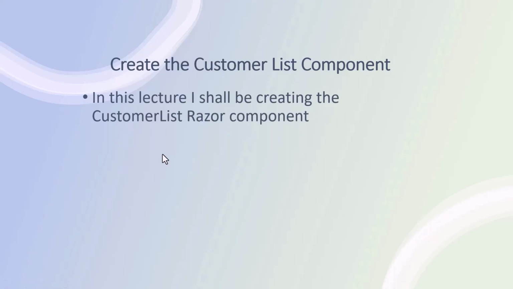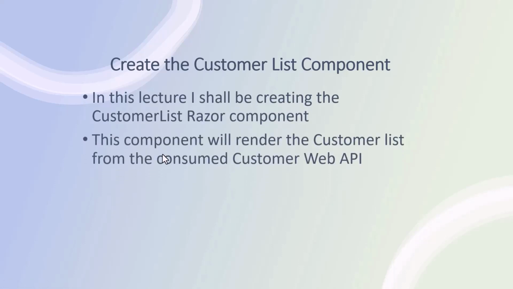In this lecture, I will be creating the customer list component. I shall be creating the customer list Razor component, and this component will render the customer list from the consumed customer web API, which we have seen in the previous lectures.